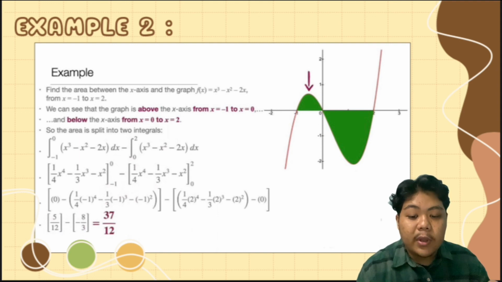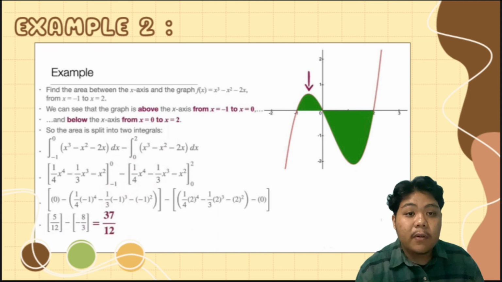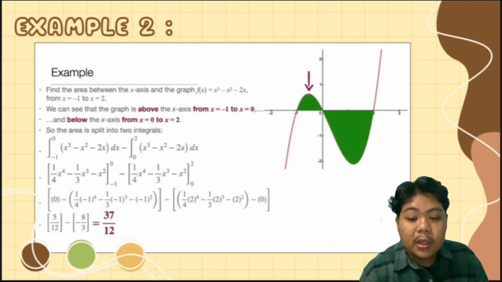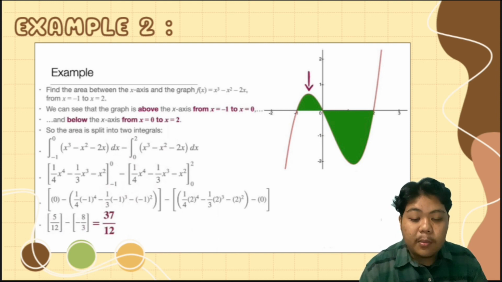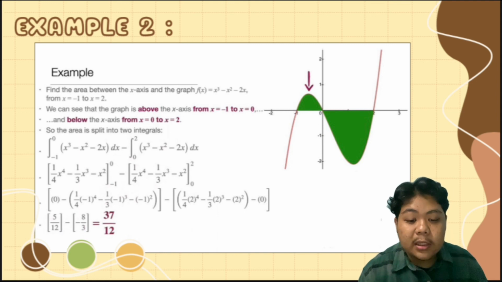And then we minus the lower graph, which is 1 over 4 times 2 to the power of 4 minus 1 over 3 times 2 cubed minus 2 squared, and then minus the 0.